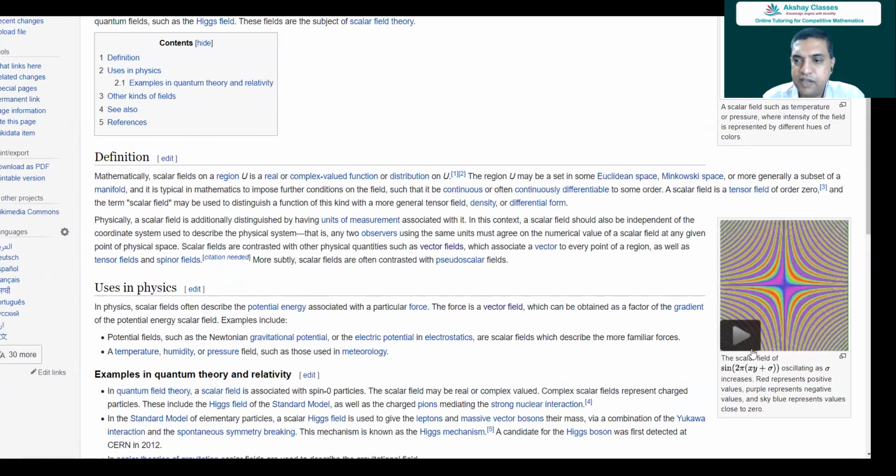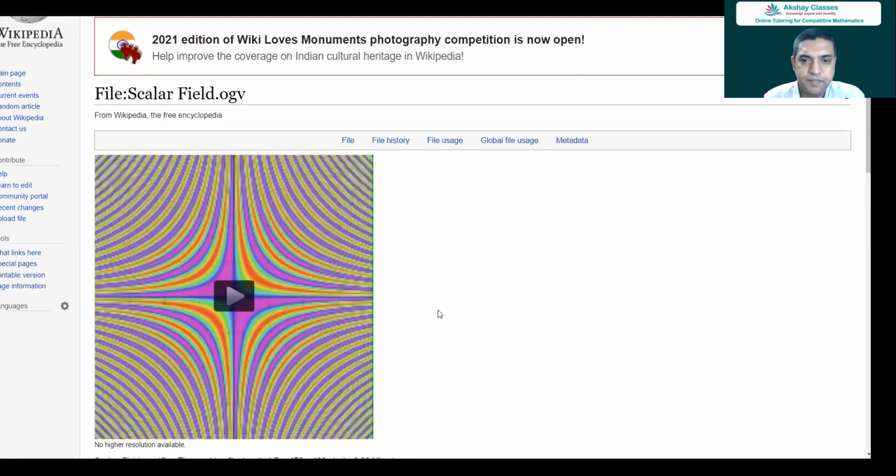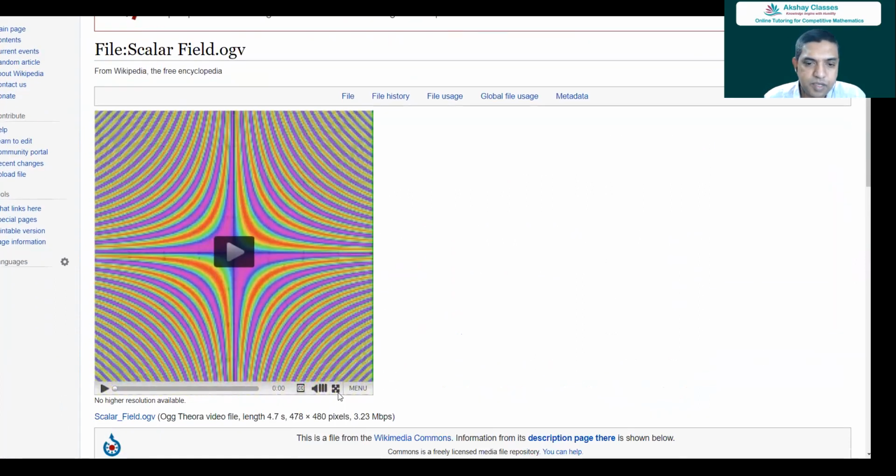Now the scalar field can be changing. Like this one. There's an example of a scalar field that with time, it keeps changing.